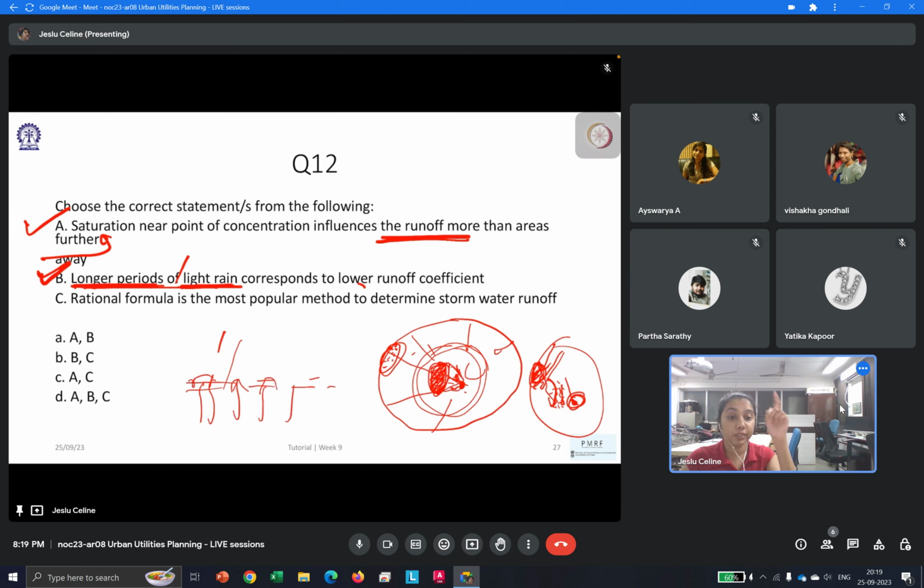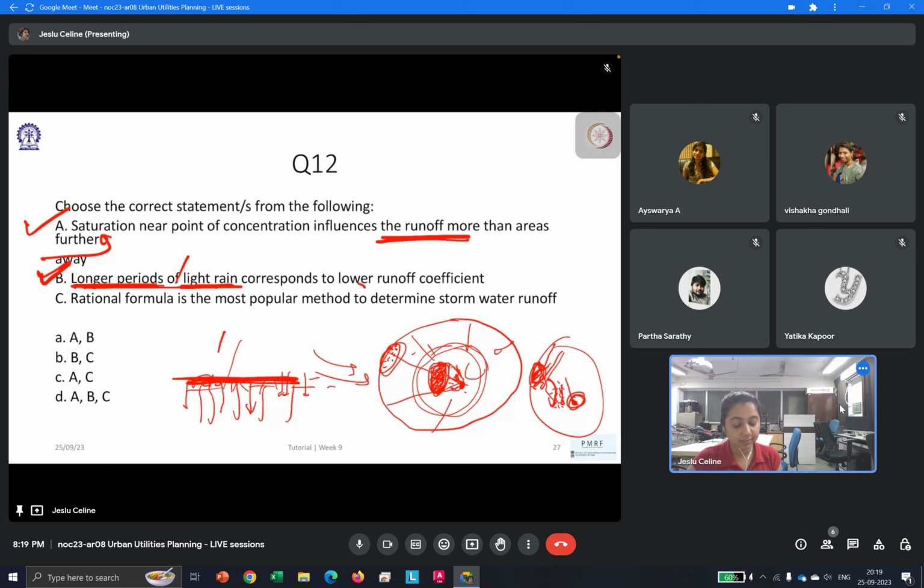Now, if it is heavy rain, then less amount of rainfall gets into the soil and more will go as runoff, because it's continuously flowing, so it doesn't saturate much, it just goes as runoff. But if it is flowing very slowly for a long time, then it has more time to penetrate into the soil, and the soil gets saturated.